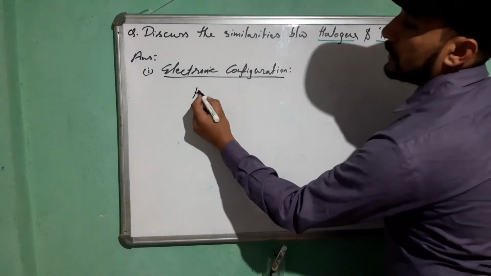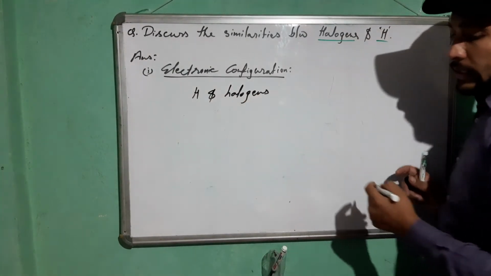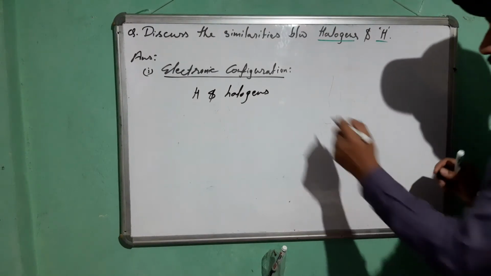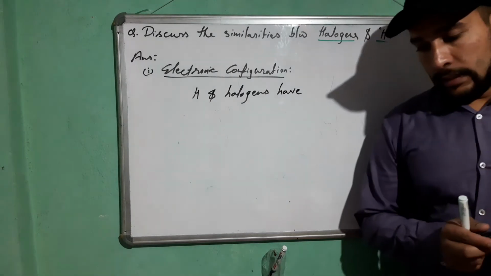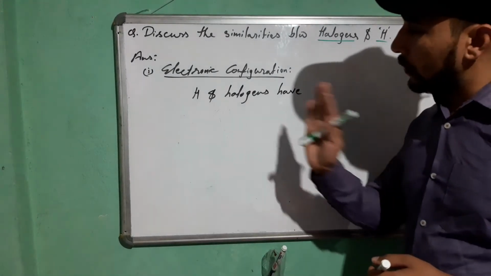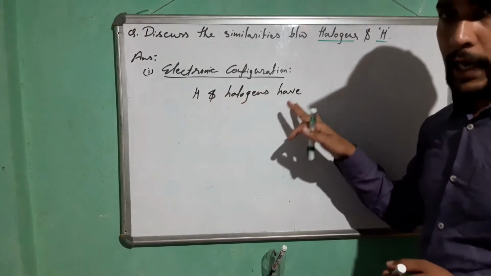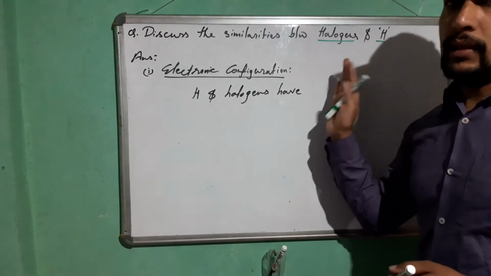So hydrogen and halogens have one electron less than the nearest inert gas.